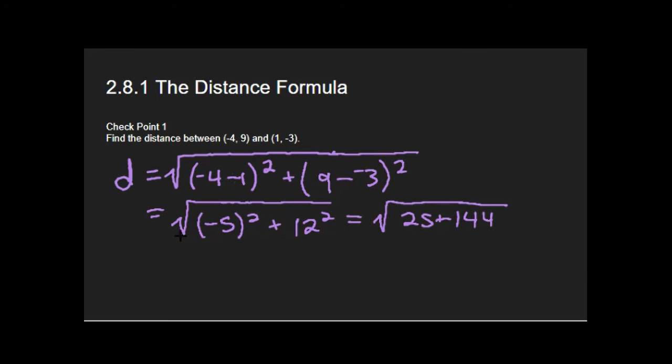So then we need to add those together. We get the square root of 169, and the square root of 169 is 13. So that would be the distance. So check your answer that you got, see if you got it right. If not, work through it again and see where you went wrong.